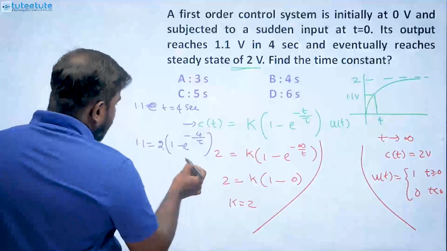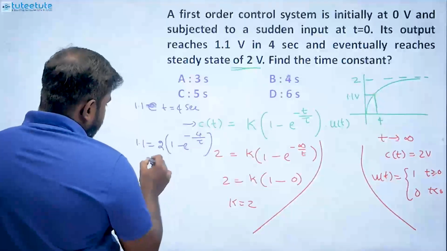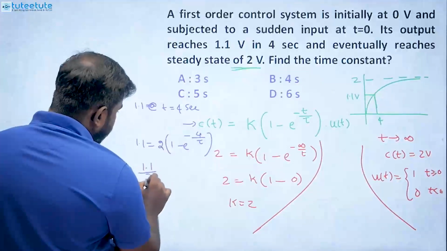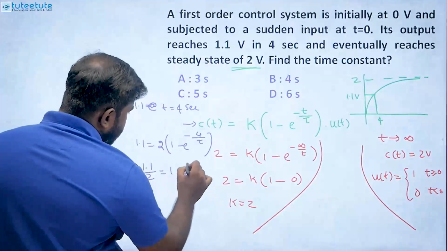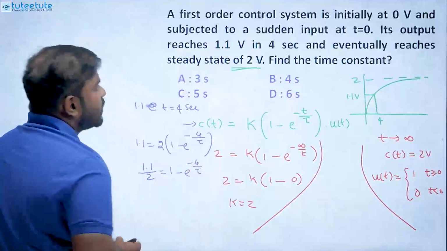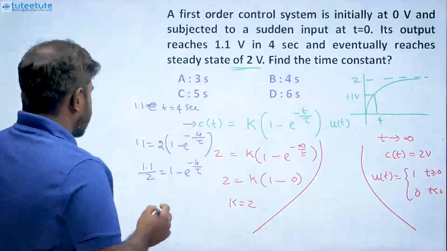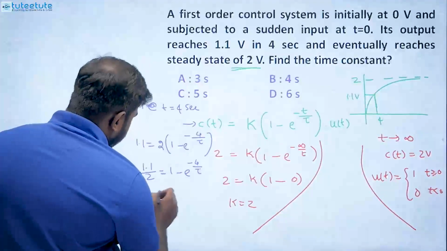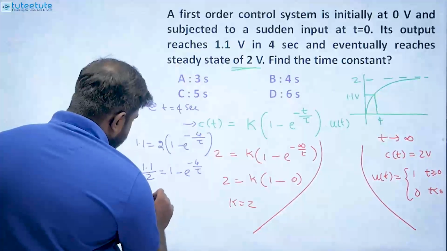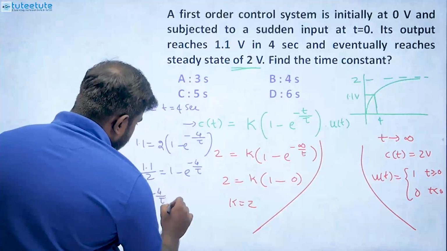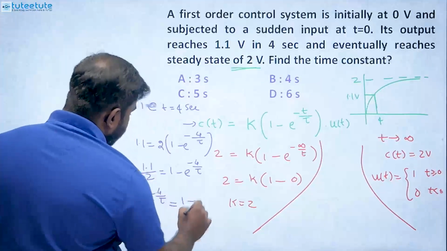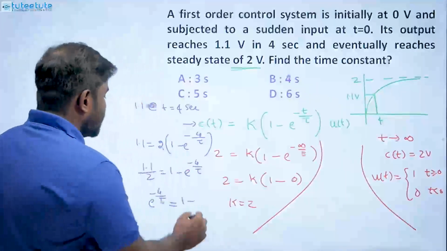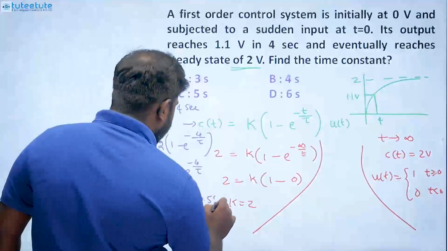So here 1.1 divided by 2 would be 1 minus e raised to minus 4 by tau. Okay, so 1.1 divided by 2 would be 0.55, right? So e raised to minus 4 by tau is equal to 1 minus 0.55. You have to subtract that.